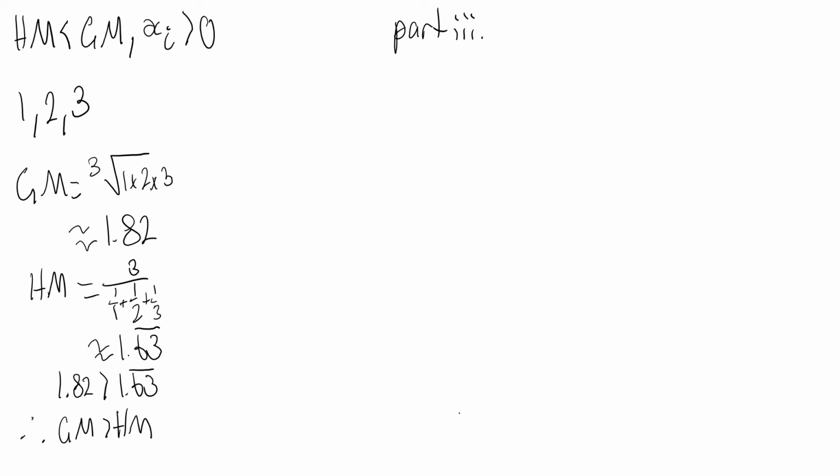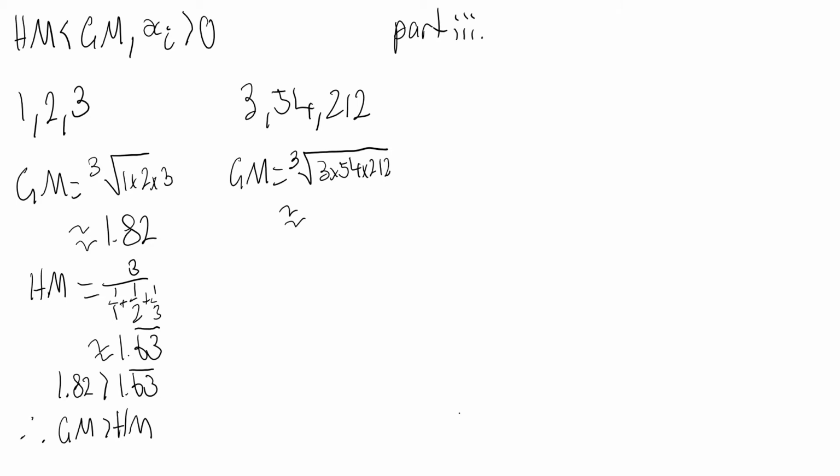Testing another set of values, we have 3, 54, and 212. The geometric mean will equal the cube root of 3 times 54 times 212, which comes out as about 32.51.